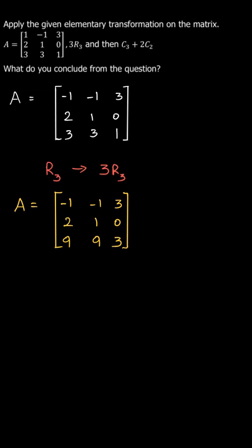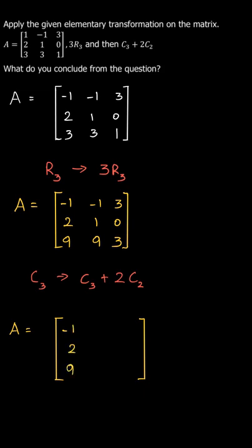After that we have to make the change in the third column such that the third column will be added with twice of the second column. So therefore the matrix A will be equal to, other columns will remain same, so we will make change in this matrix, so we will be having -1, 2, 9, then we have -1, 1, 9.